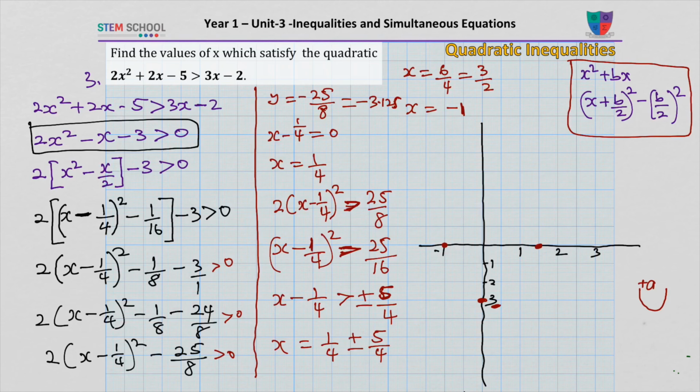The y value at the turning point is minus 3.125, which is close to the intercept, and the x value is 1/4. So the graph turns here and crosses at 3.